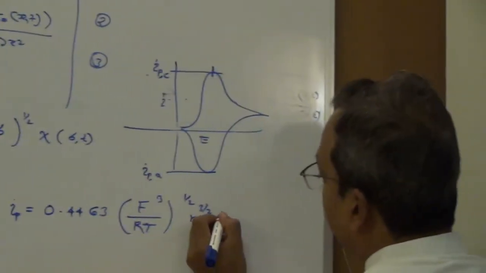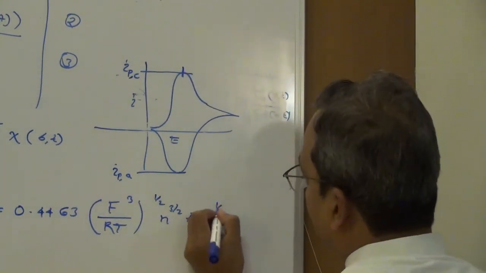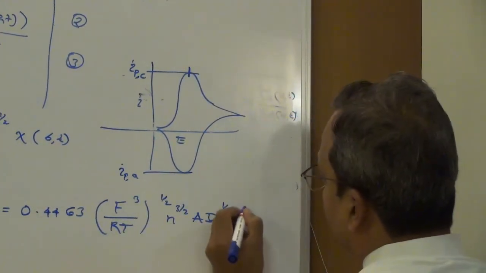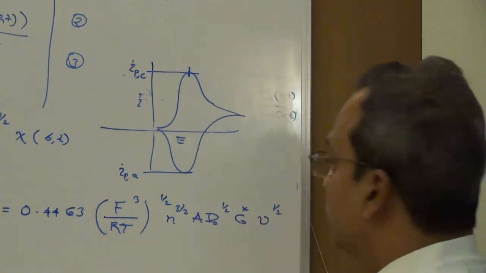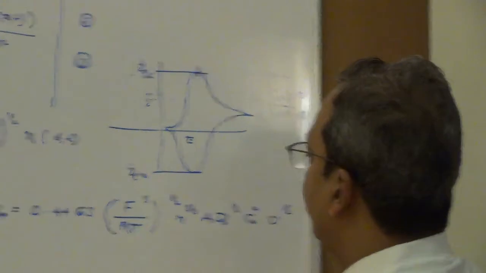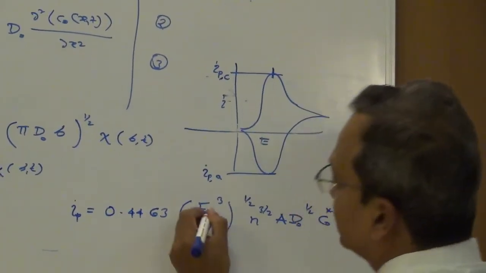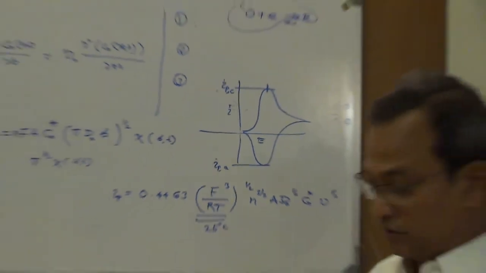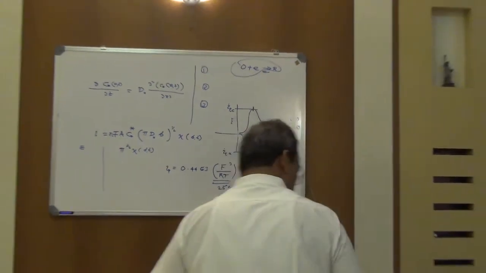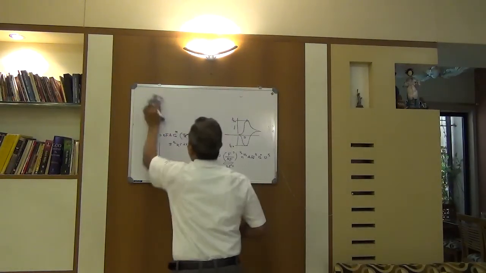So peak current I can express by the equation: n raised to 3/2, area, diffusion coefficient raised to half, C_O star and scan rate raised to half. If you calculate this value for 25 degrees centigrade, where F is Faraday's constant, R is the gas constant, and T is the absolute temperature, then we get the equation which you already used in your MSc practical.